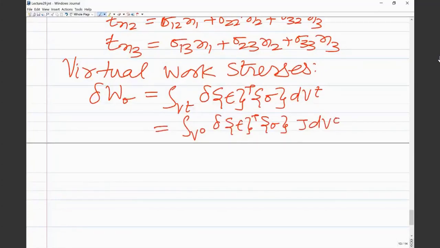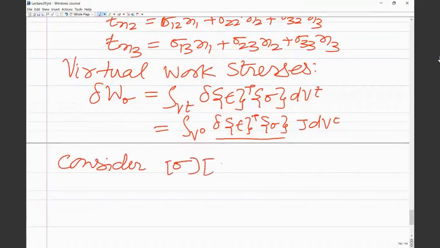Now I want to make use of a notation. So this delta epsilon transpose into sigma, whatever we have, we can also write it in terms of the 3x3 stress matrix and the 3x3 variation of displacement gradient matrix. So now if I consider sigma 3x3 stress matrix into this delta of H, where this is the displacement gradient in the current configuration.